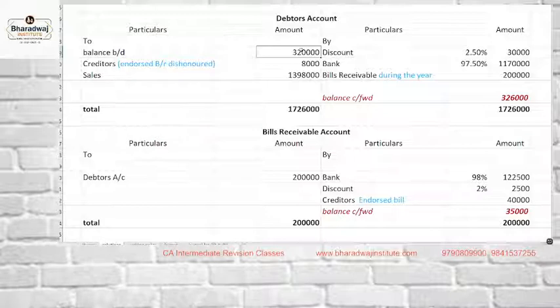We have to prepare cash flow. Some capital contributed we have to find out. It's given in the problem. Is it that balances are given separately? Payment to creditor also by bank.